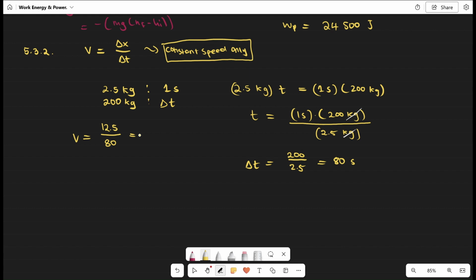So this is 12.5 divided by 80 seconds, which is 0.1565, approximately 0.16. Oh sorry, this is not seconds, it's meters per second. So this is our velocity.